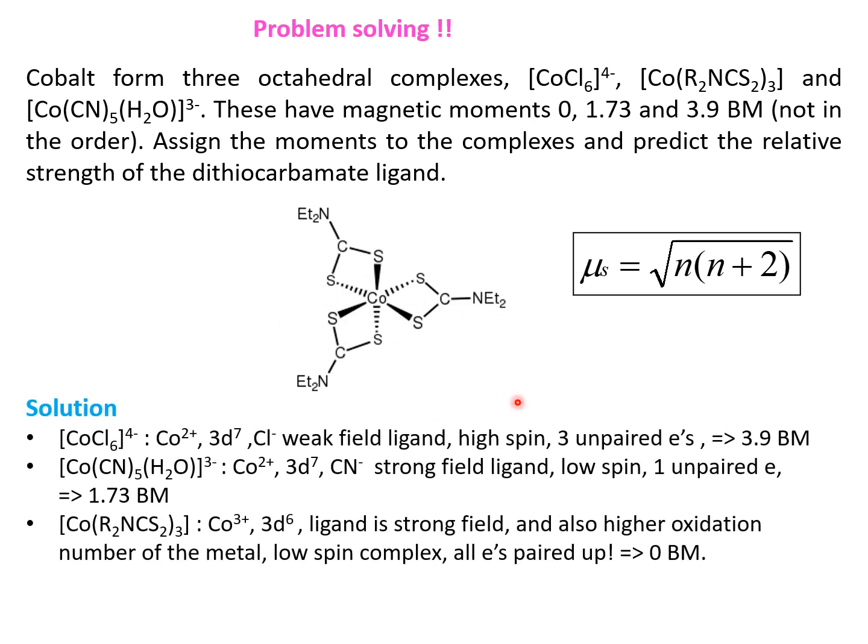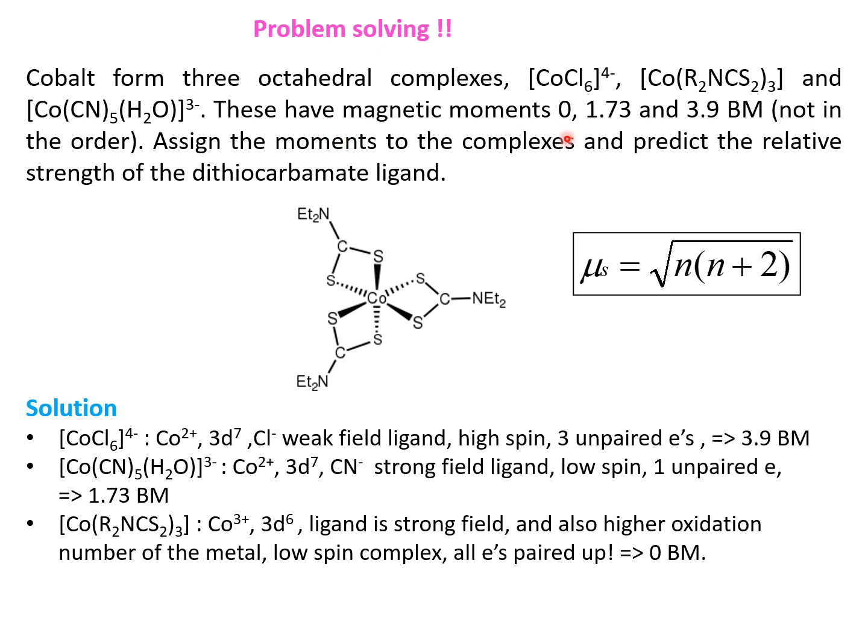Here some problems are also given to you to work out. So cobalt forms three octahedral complexes. Let us see one by one: CoCl6 4−, Co(R2NCS2)3, and Co(CN)5(H2O) 3−.